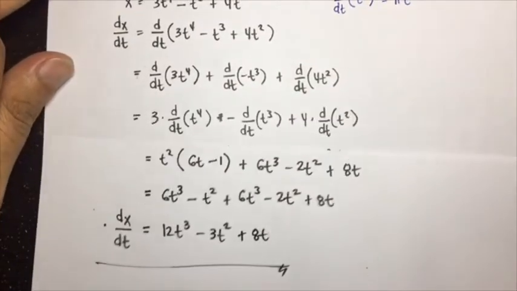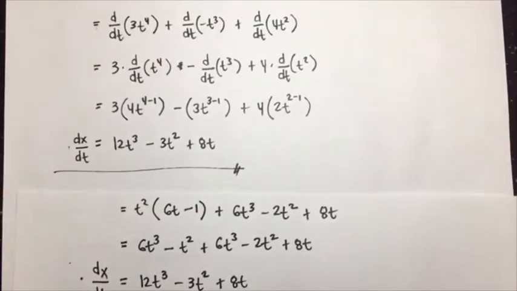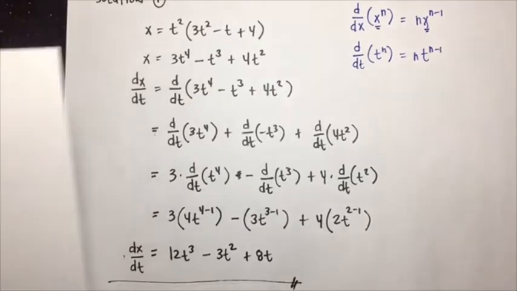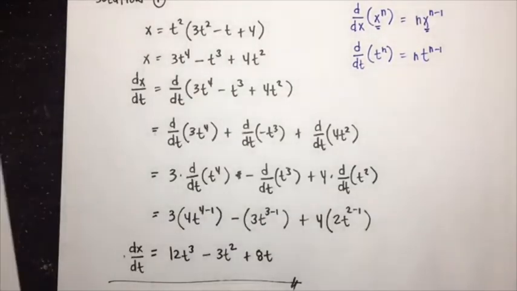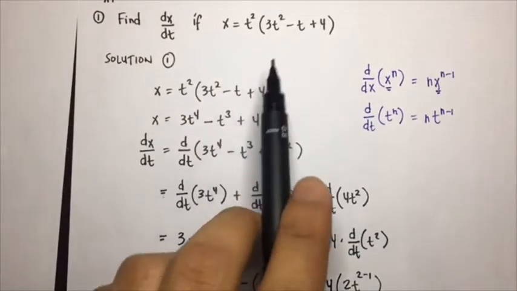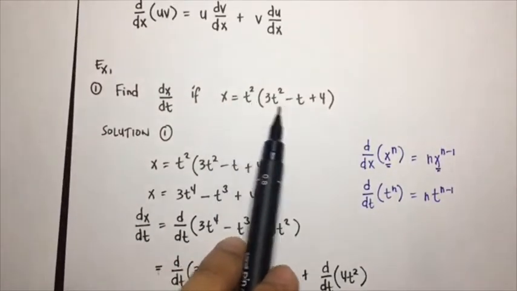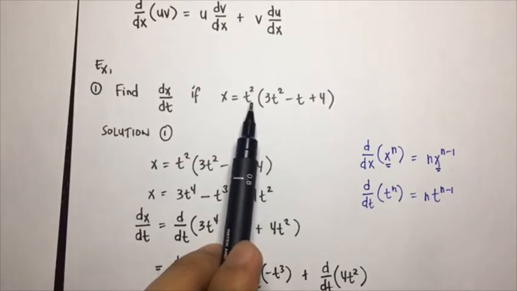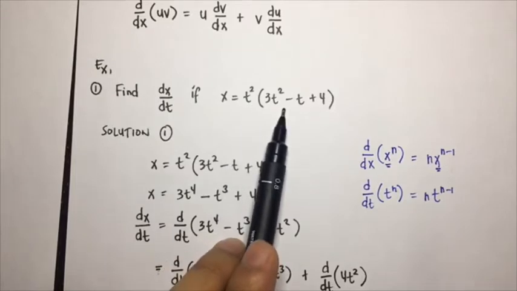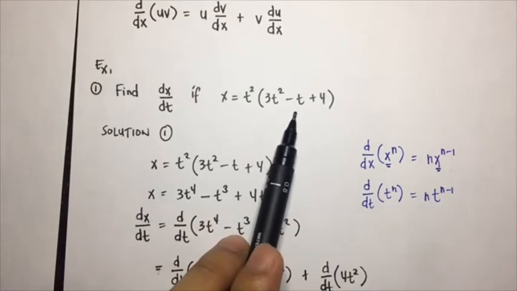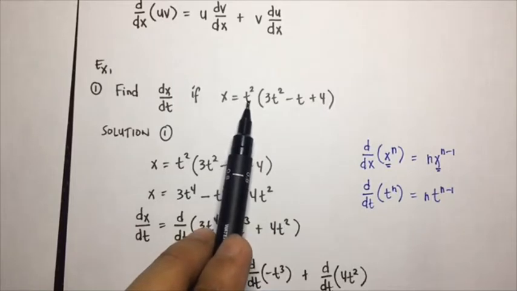Okay, but as you can see for this problem, I think solution number 1 was easier, right? So it actually depends upon the problem. If we have more complicated functions to differentiate, sometimes distributing may be impractical, or it could be impossible, or it could be very difficult to distribute.